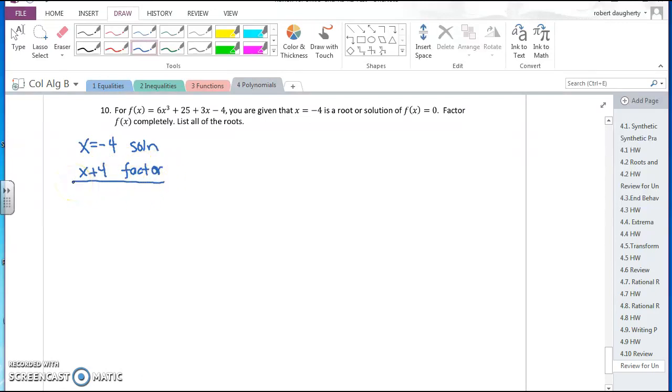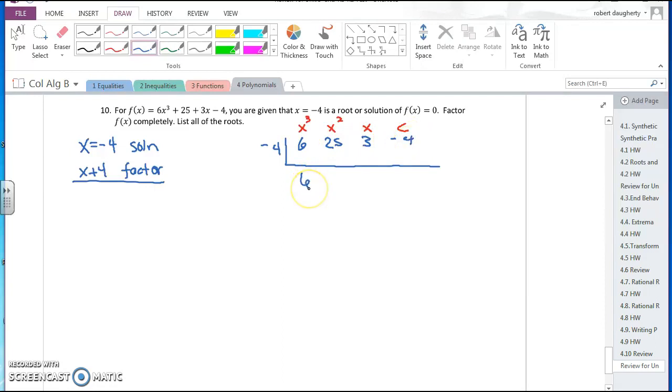So if I do the synthetic division, I'm going to start with a negative 4. And then I'm going to have my x cubed term, my x squared, my x, and my constant. So the coefficient of the x cubed is 6. The coefficient of x squared is 25. And then 3 and minus 4.